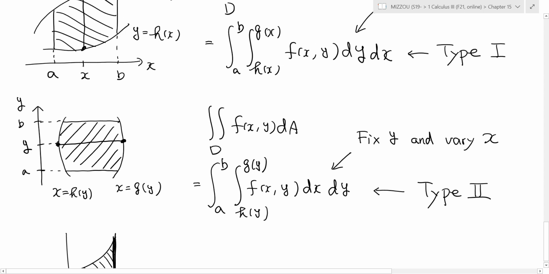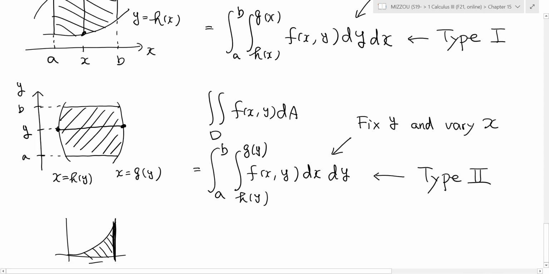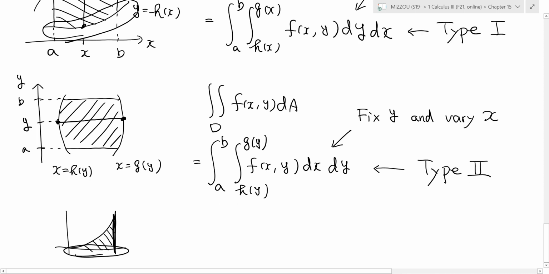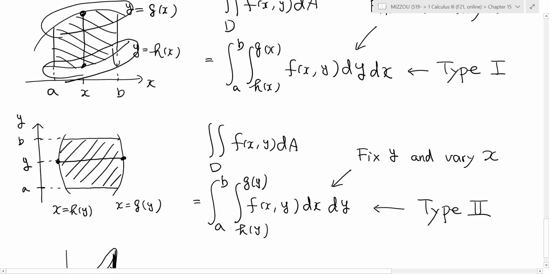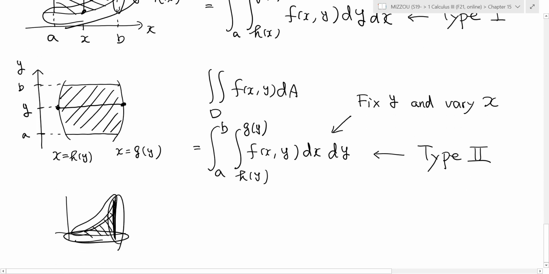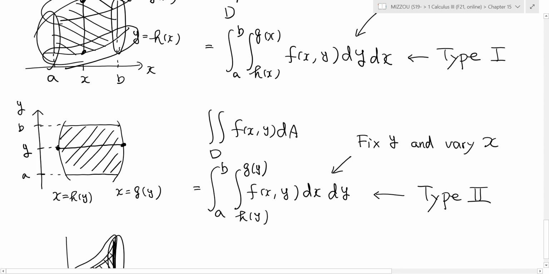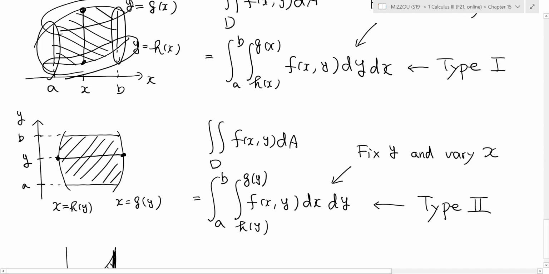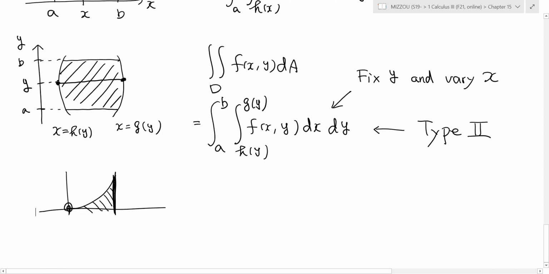Or you may view it by considering this horizontal line as this curve, and the top curve is this part. Then this vertical line is this vertical line, and the left vertical line is just a point, the origin here. So for this case, you may consider it as either type 1 or type 2, whichever you like. That's why you could compute in both ways.